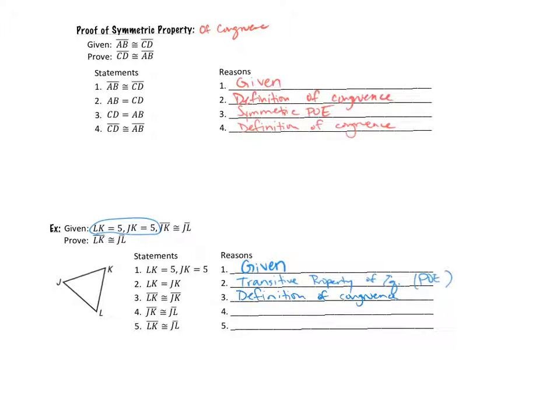Now in statement 4, we have used the symmetric property of congruence that we just proved above. And then our reason for statement 5 is that if JK is congruent to both LK and JL, then they must be congruent to each other, and that would be the transitive property of congruence.